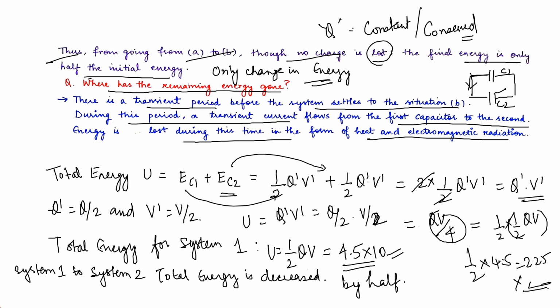When the charge was going from C1 to C2, some of the energy was lost in the form of heat and some in the form of electromagnetic waves, EMWs. That's how we are left with only half of the energy in this system.